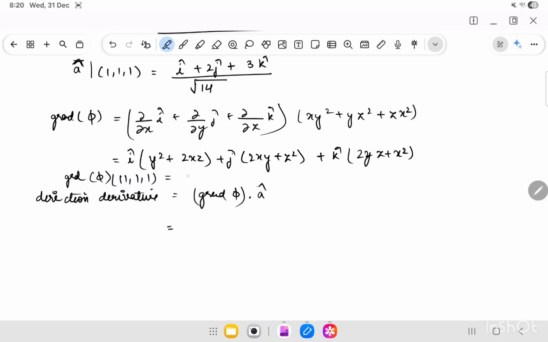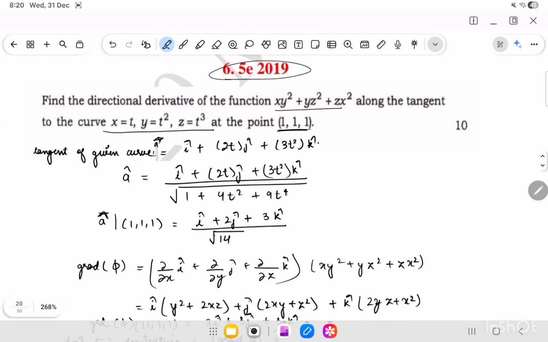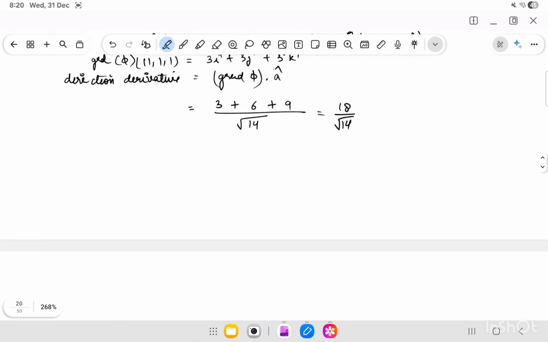So it will be equal to 3 i cap plus 3 j cap plus 3 k cap. Now if we do the dot product of grad phi with a cap, it will be 3 plus 6 plus 9 divided by square root 14, which is 18 divided by square root 14. So this is the directional derivative of the given scalar along the tangent to the given curve.